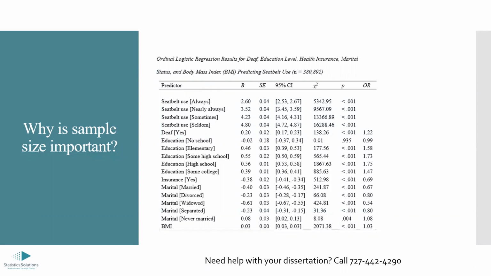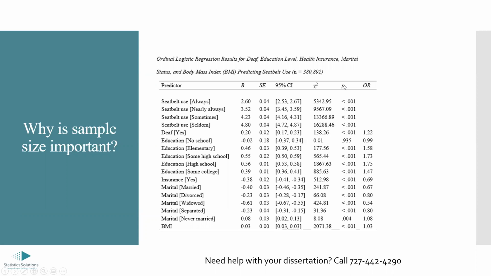Many times when you deal with archival data, you could be dealing with hundreds of thousands, if not millions of cases. And if that is the case and you have millions of participants, you're going to find unanimous significance, which is going to cloud your results potentially. This table here is an example of that.